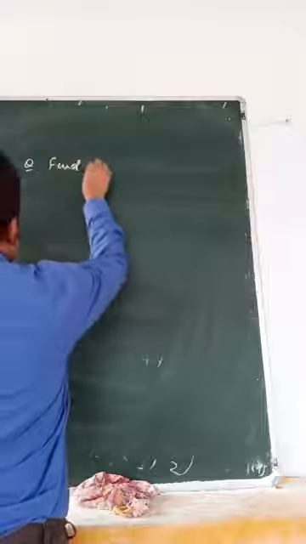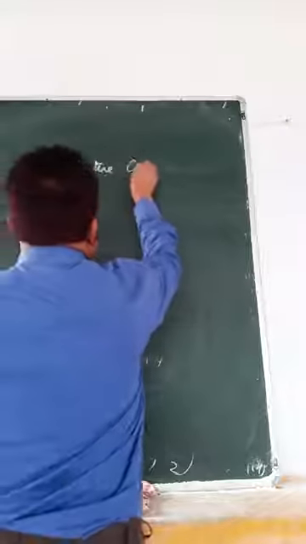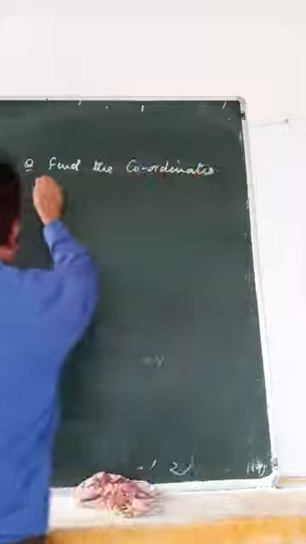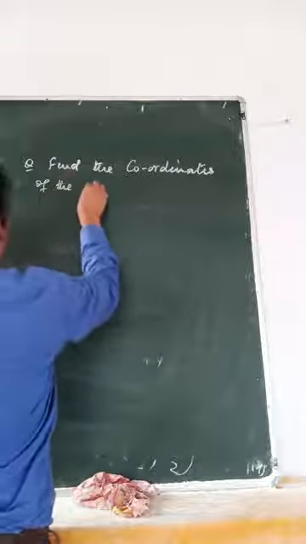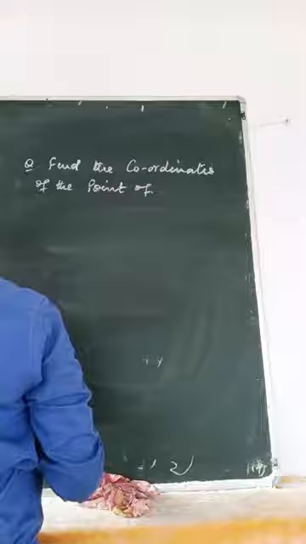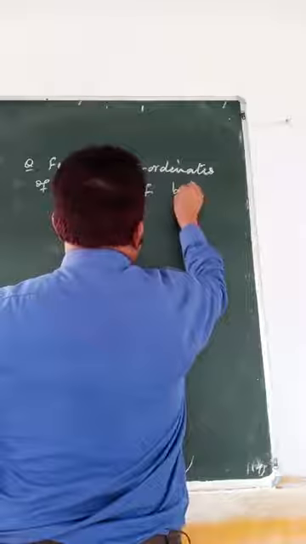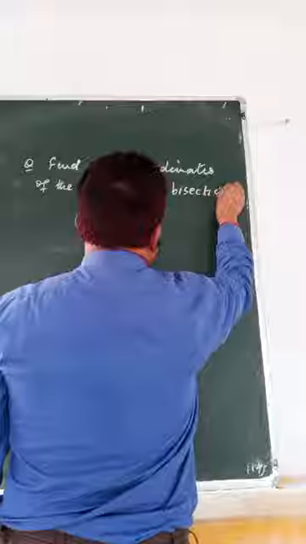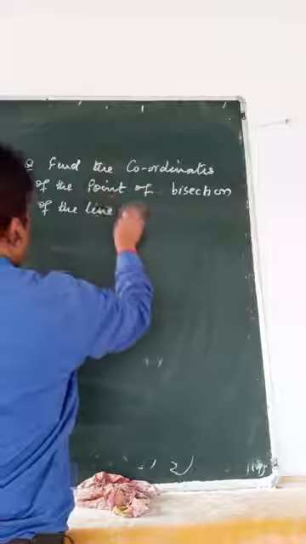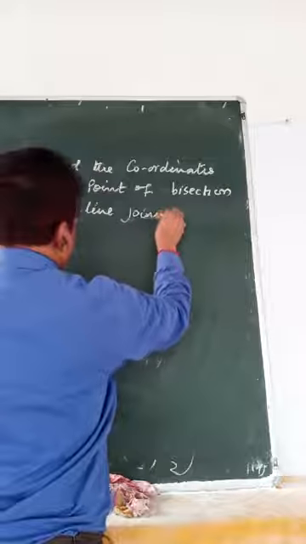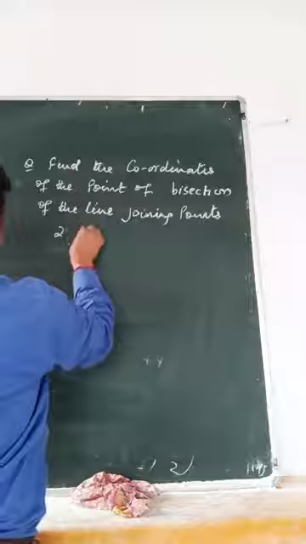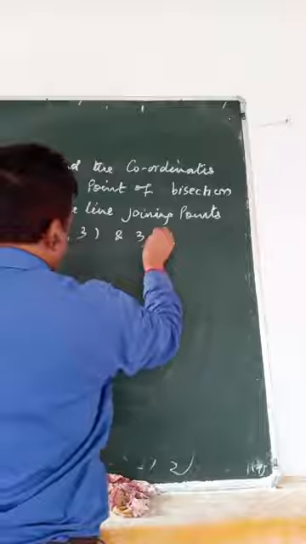Find the coordinates of the point of bisection of the line joining points (2, 3) and (3, 5).